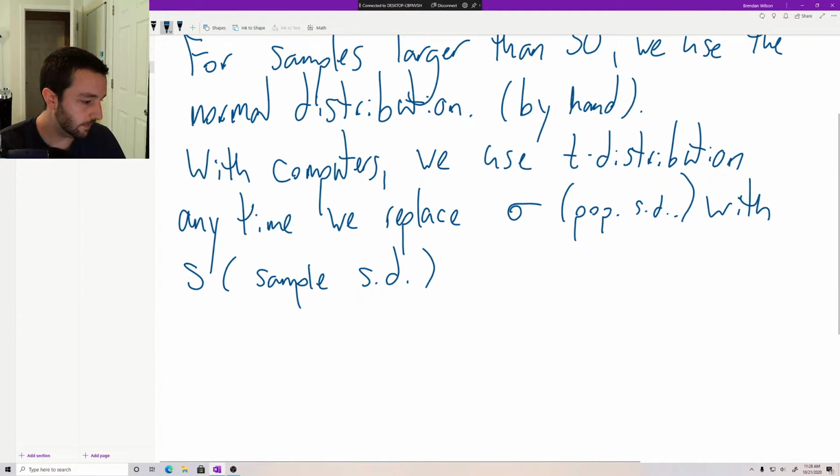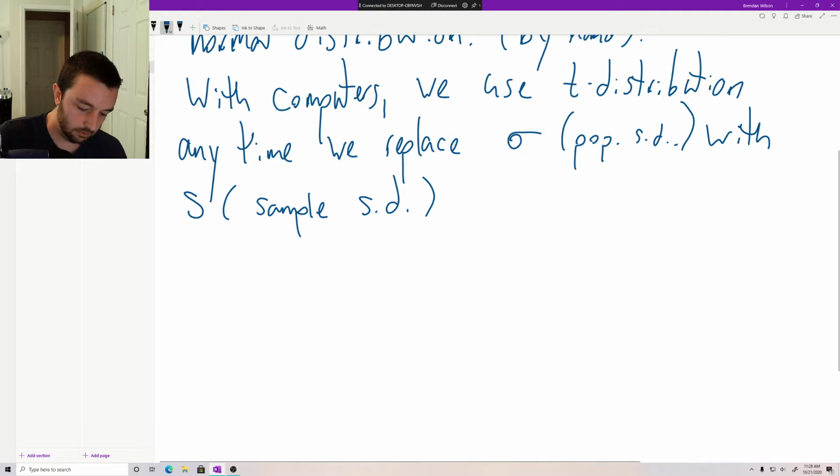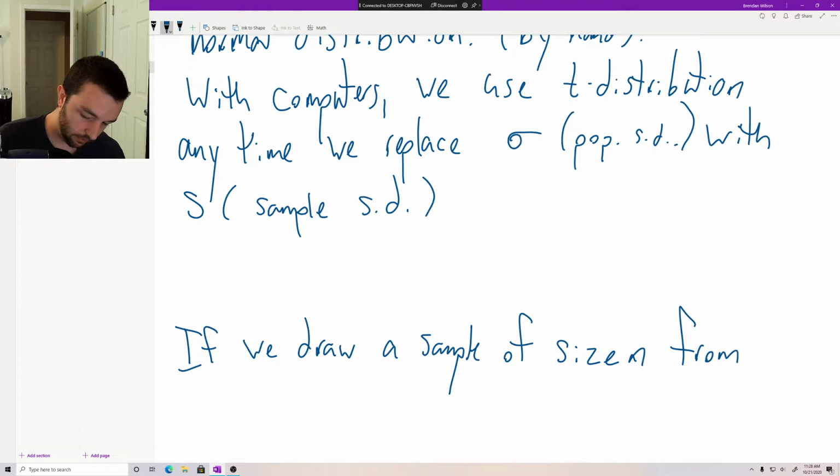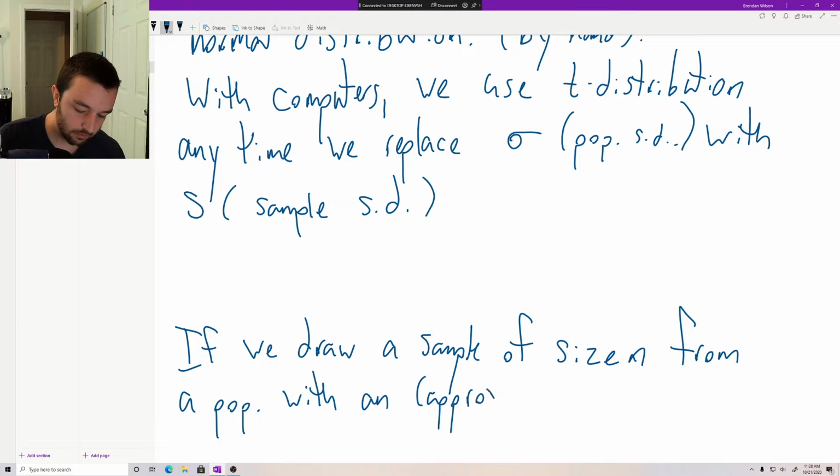So if we draw a sample of size n from a population with an approximately normal distribution.